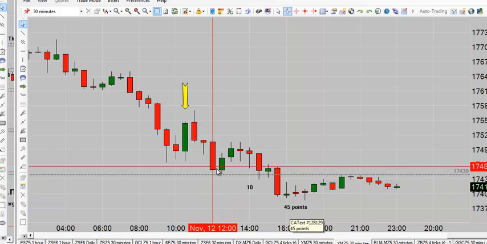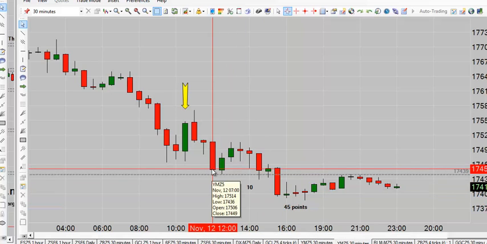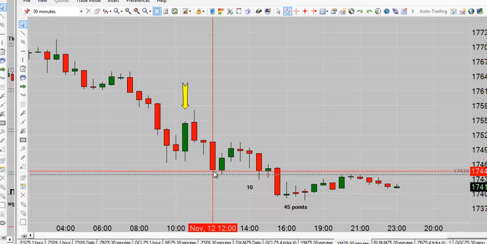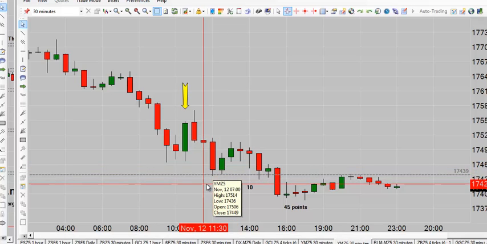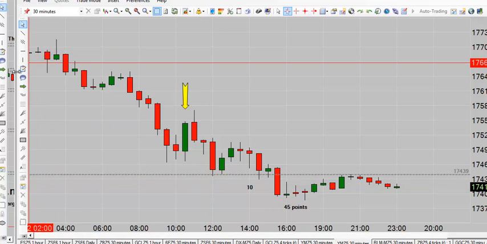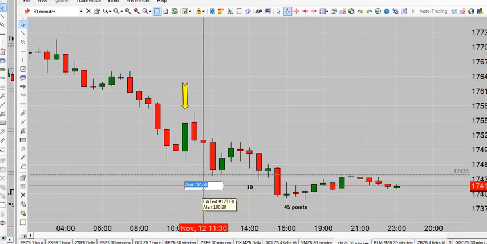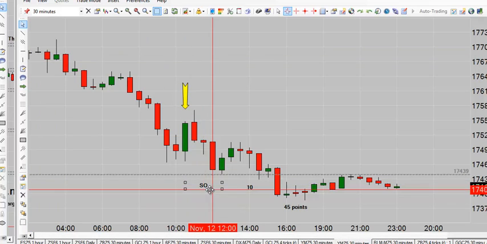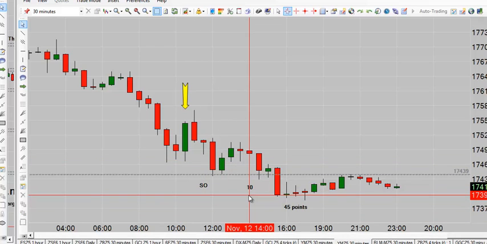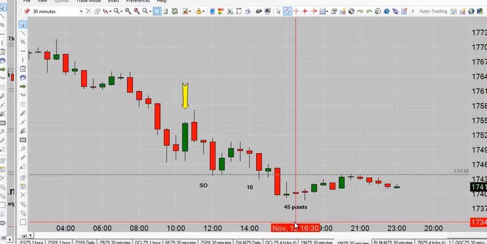Now, this candle here dropped to 17,436. It went 3 ticks over the line. So that's an 8-tick hard stop. So 8-tick hard stop, 10 ticks profit, 45 points profit.